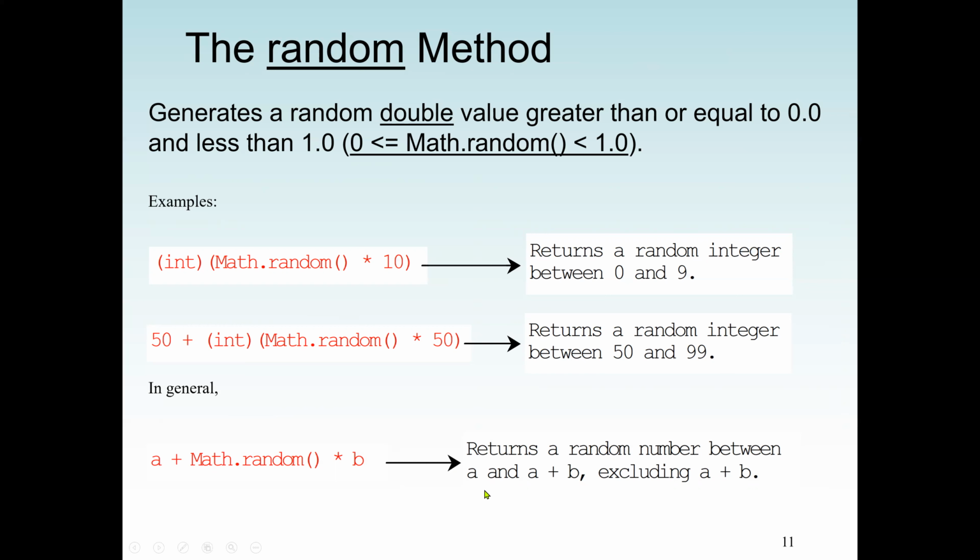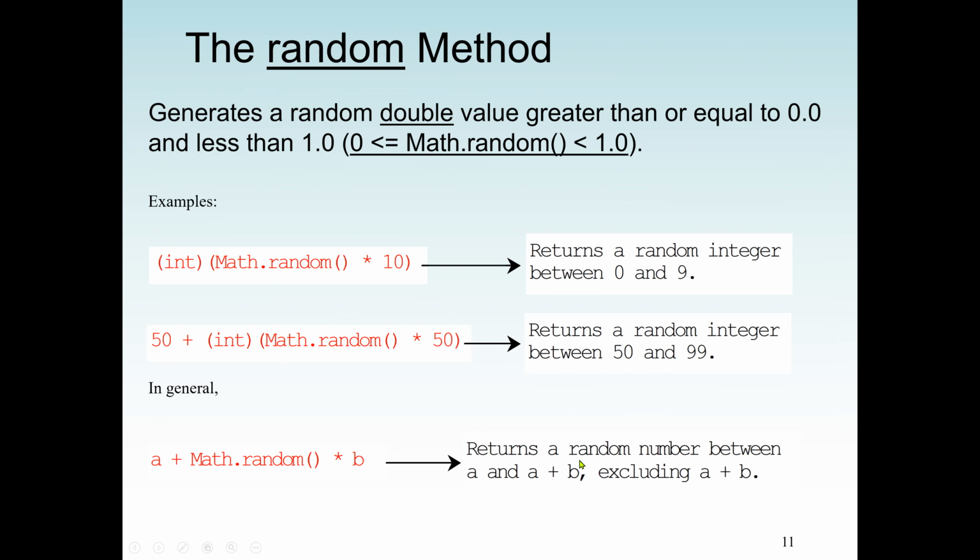In this case, A is 10, then B will give me 20 if it's A plus B. For example, here you can see our A plus B is 50 plus 50 is 100, but we go up to 99. So if I have A to be 10 and B also 10, I'm going to generate from 10 to 19 because A plus B is 10 plus 10.